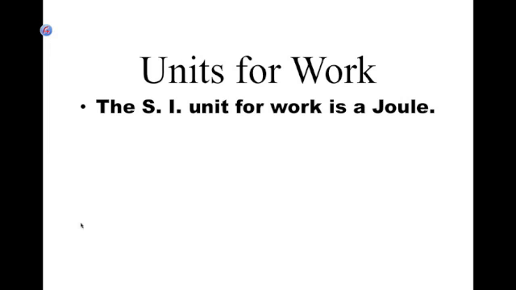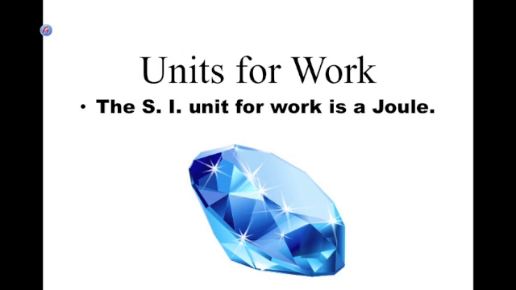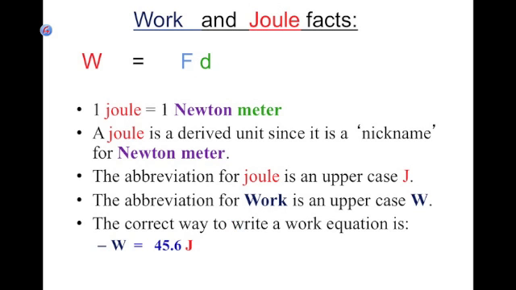Okay, the units for work are joules, J-O-U-L-E. Mr. Joule was a British scientist, and so they named the unit joule after him. If you look at the unit analysis, work again equals force times distance, and a joule, which is what we measure work in, is equal to a newton meter.